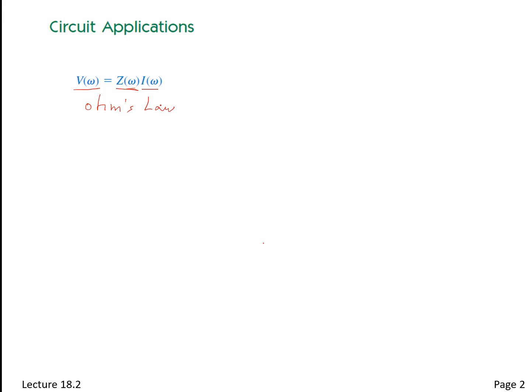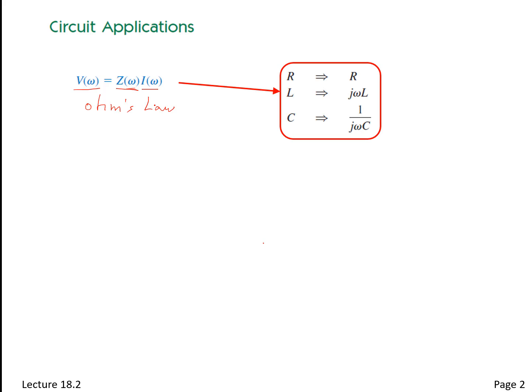But now it's in terms of frequency. That's the big deal. That's maybe a change here. It's in terms of frequency. All right, but the elements are the same. They're just the frequency versions of the resistor, the inductor, and the capacitor, right? Nothing's changed there.